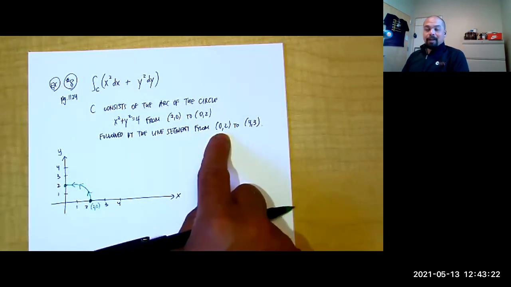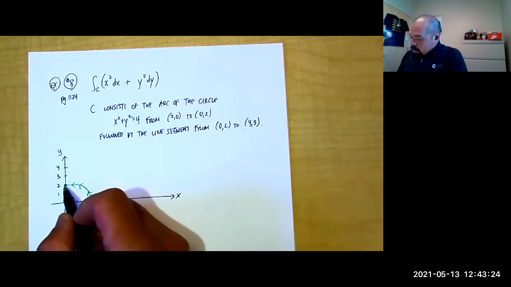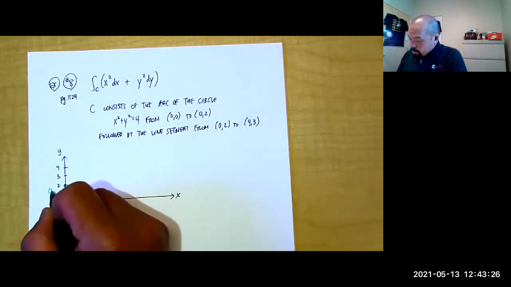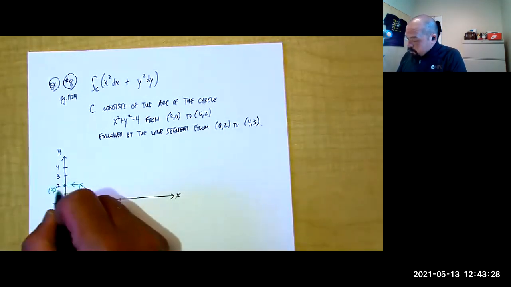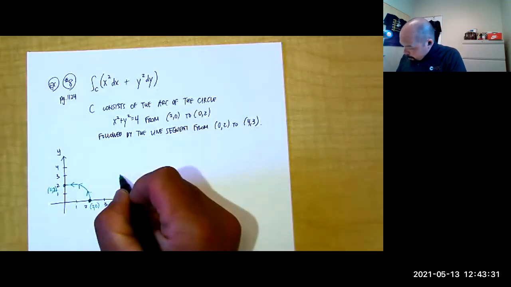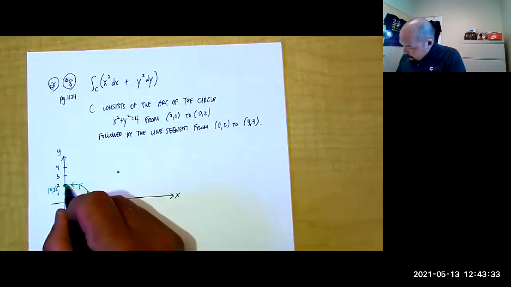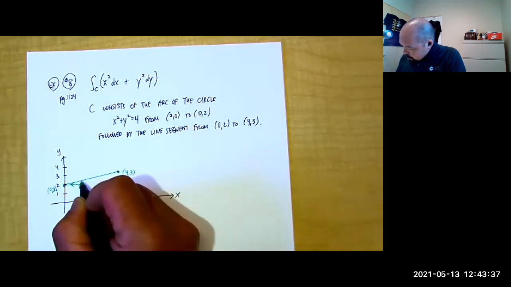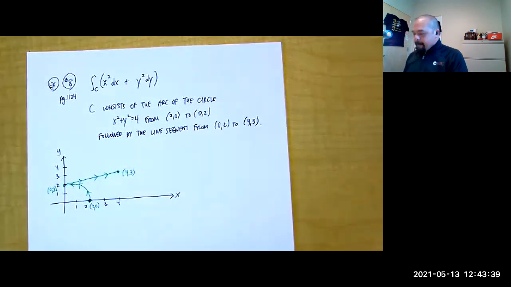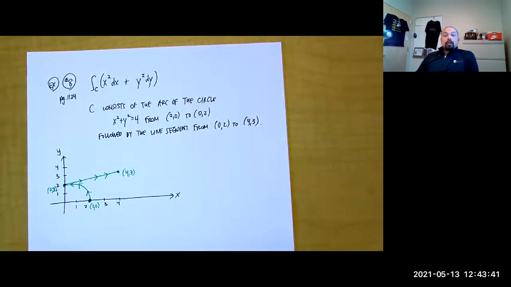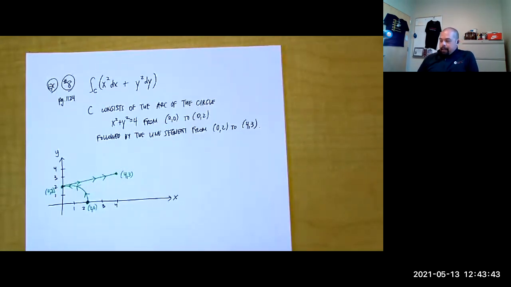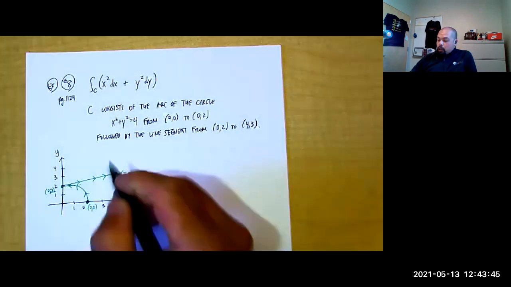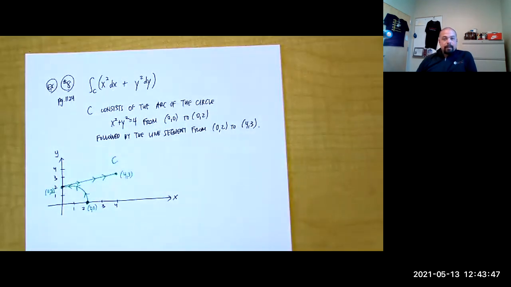I can have a jump discontinuity, if you will, going from (0, 2) over to (4, 3). So we're integrating over this total path C.